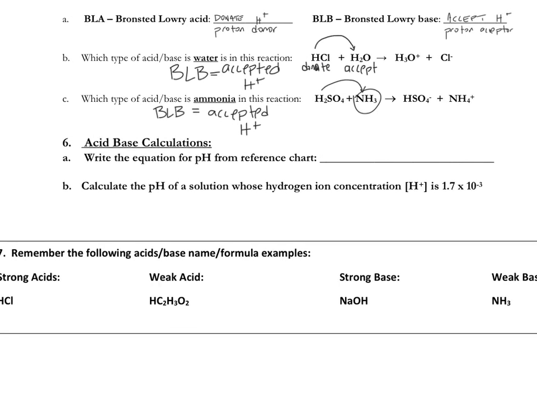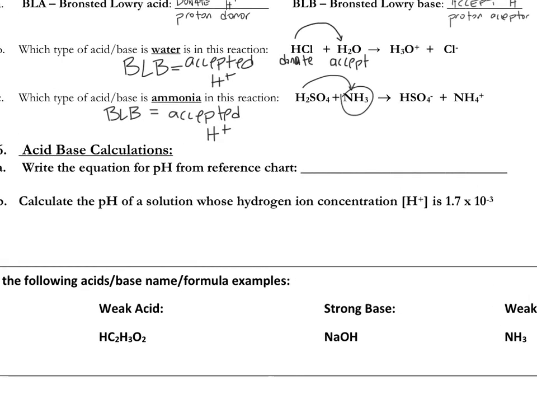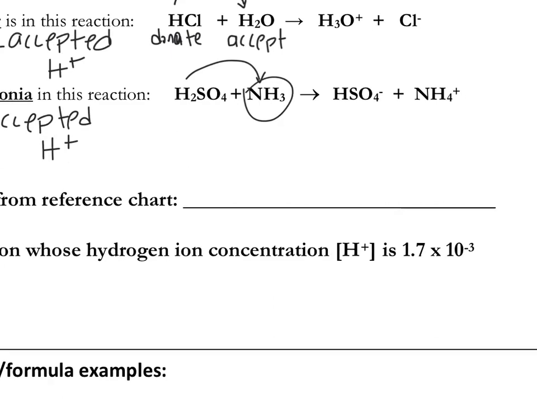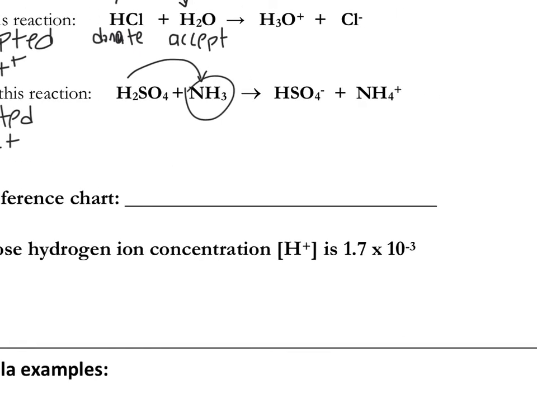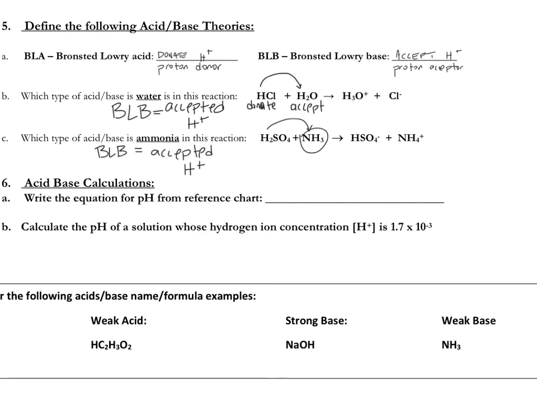Okay, and the last part here, acid-base calculations. The equation for pH, according to our reference chart, is pH equals the negative log of the hydrogen ion concentration. So let's practice calculating.